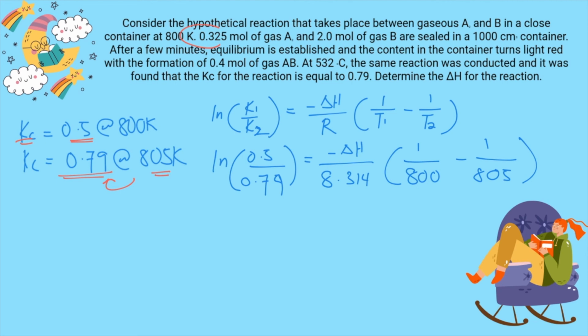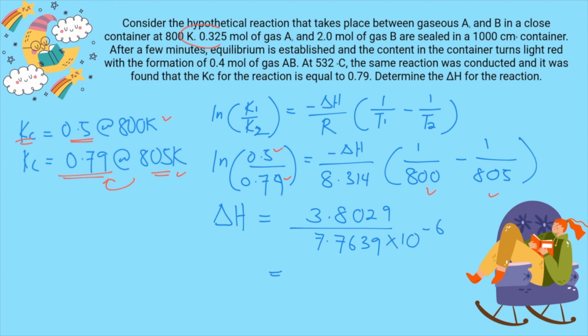So after we have plugged in all the values, you should be able to get the value for delta H, which is equivalent to 3.8029 divided by 7.7639 times 10 to the power of negative 6.